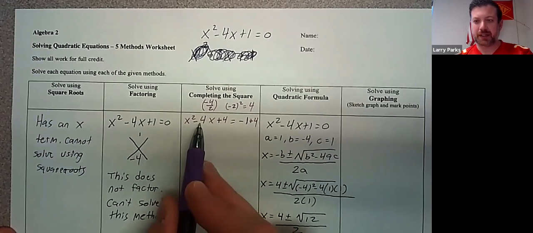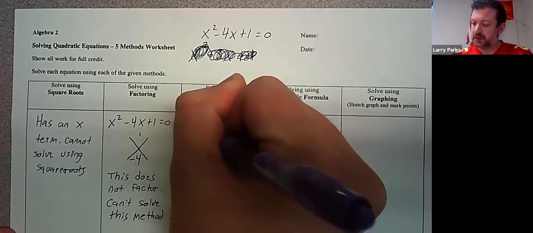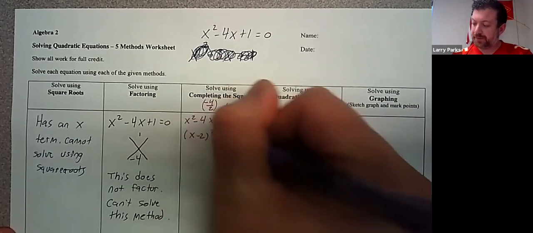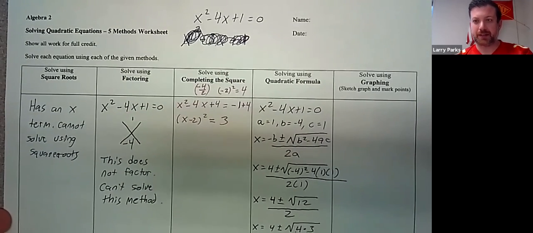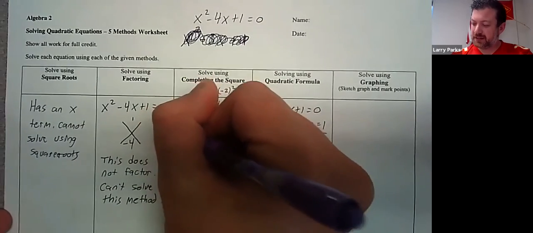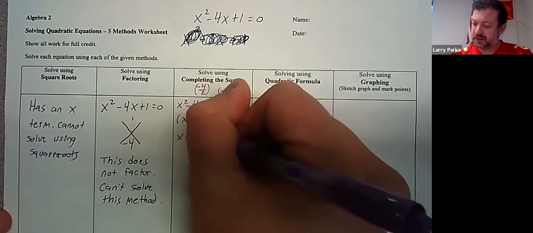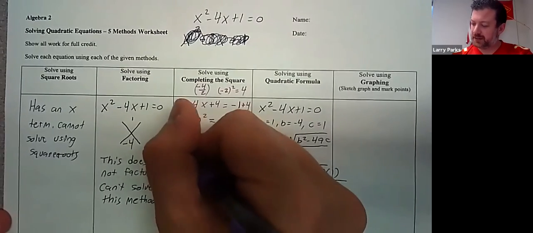It's going to be x minus 2 times x minus 2. And then I'm actually about to show you that in this case, solving by completing the square is actually the best. Then I would take the square root of both sides. And then add 2.